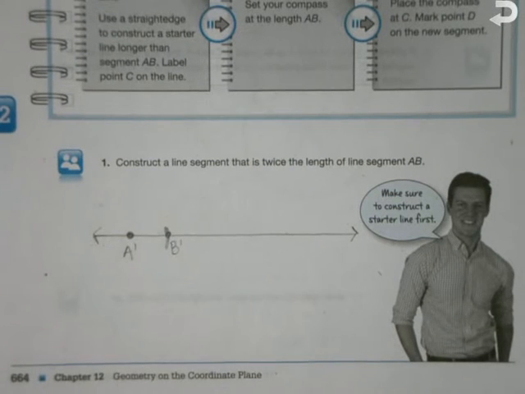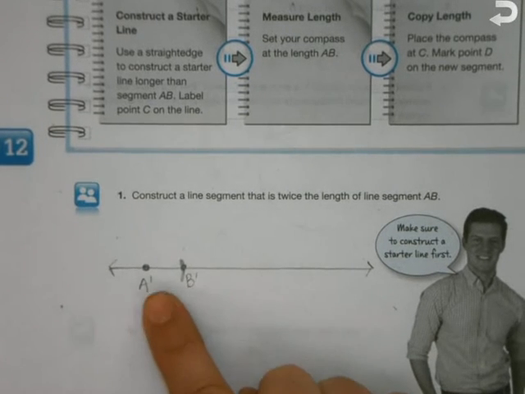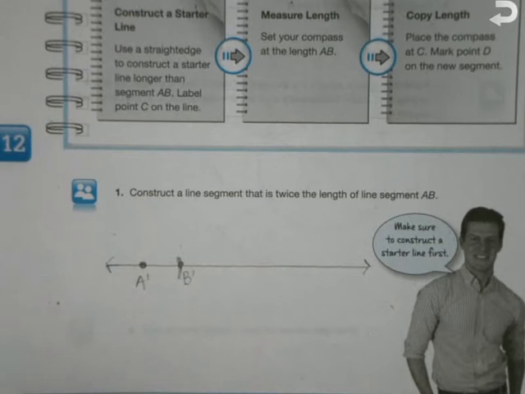Okay? Now question. Is A prime B prime twice the length of AB, or is it the same length as AB? It's the same. So how could I get a segment that is twice the length of AB? We take the measure and multiply it by 2, but we can't use a measuring tool.